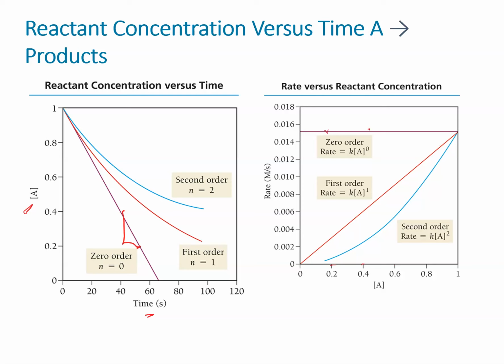At those places, the rate of reaction is the same. First order reactions are proportional and linear at those points where the relationship is the same between rate and concentration at all those points. But then it changes for second order because we're squaring the effect of the concentration on our rate.